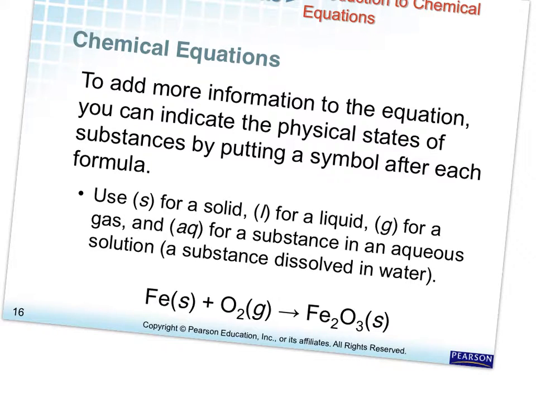We can add more information to our skeleton equation by giving the physical state of each substance. We'll use S for a solid, L for liquid, G for gas, and AQ for something that is dissolved in water. And we've looked at that AQ before.